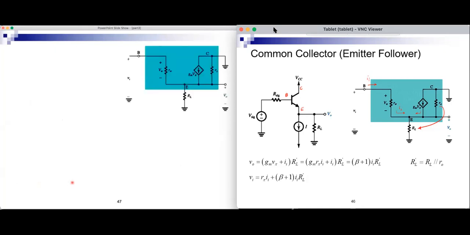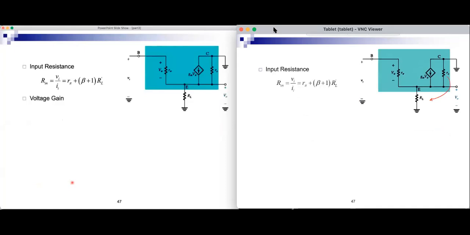So from these two equations, we derive the voltage gain here. And we get beta plus 1 R prime L divided by R pi plus beta plus 1 R prime L. And you see also that this is less than 1.